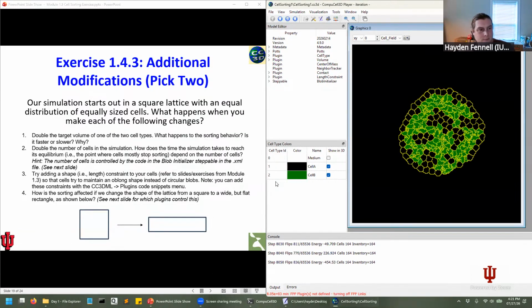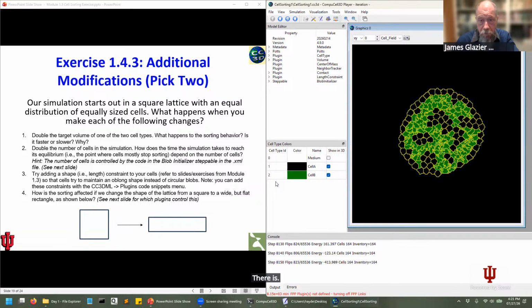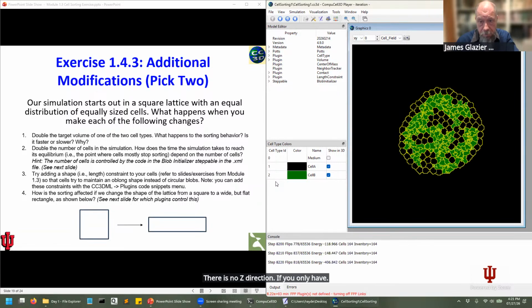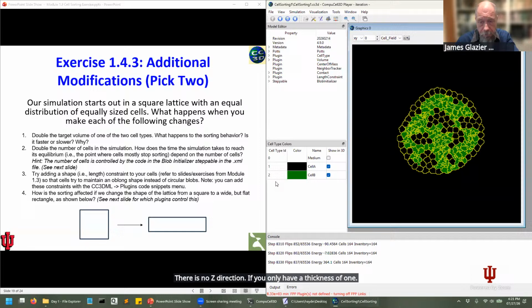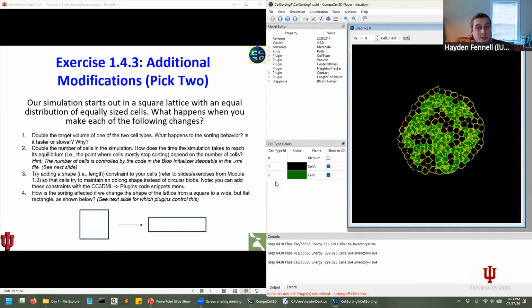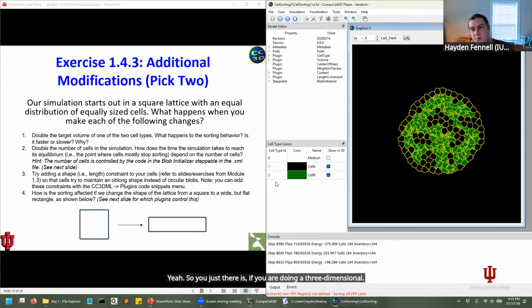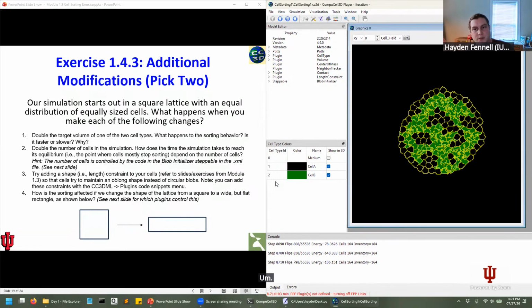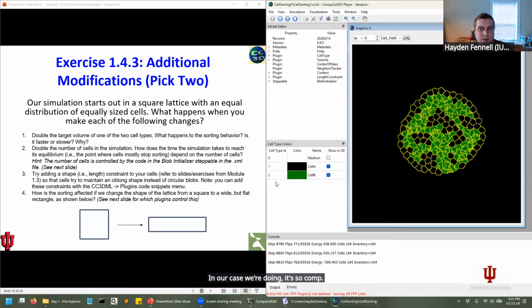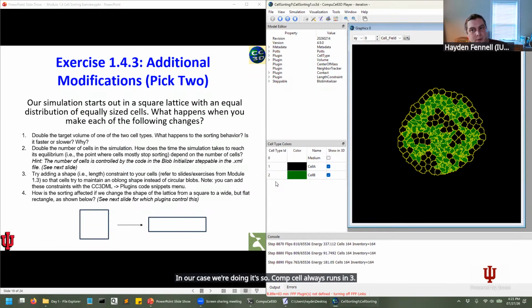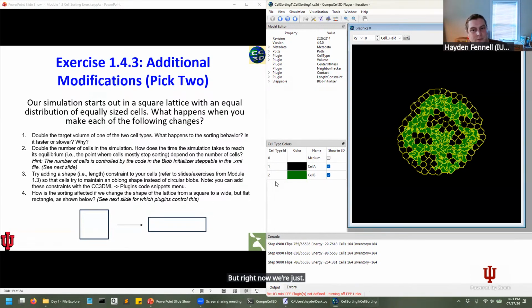There is no Z direction if you only have a thickness of 1. Yeah, so there is if you are doing a three-dimensional lattice. In our case, CompuCell always runs in 3D, but right now we're just looking at a two-dimensional lattice with a thickness of 1 pixel.